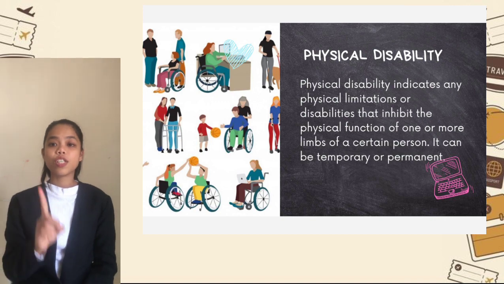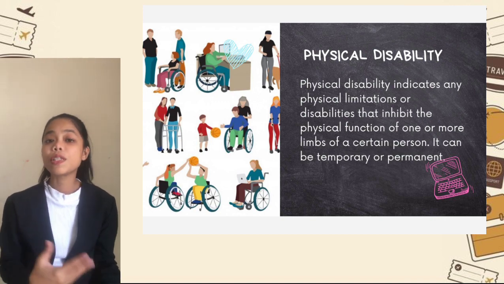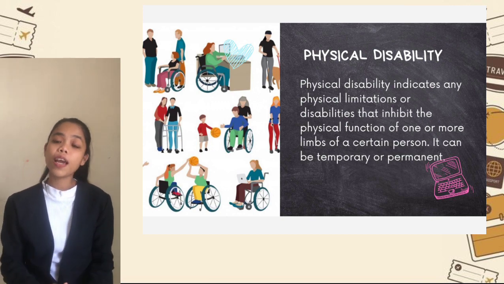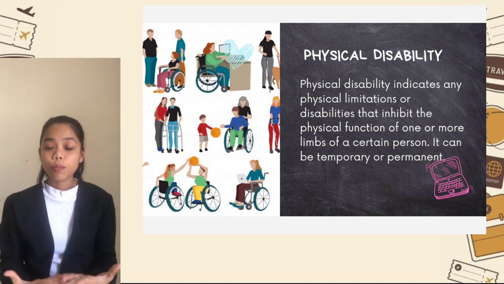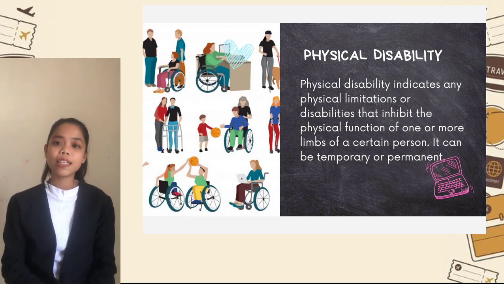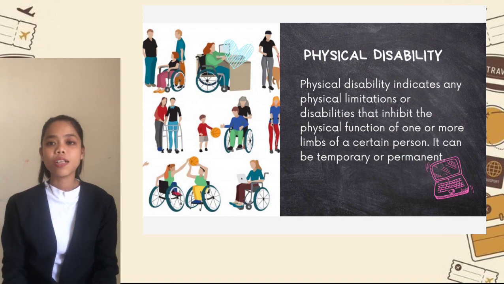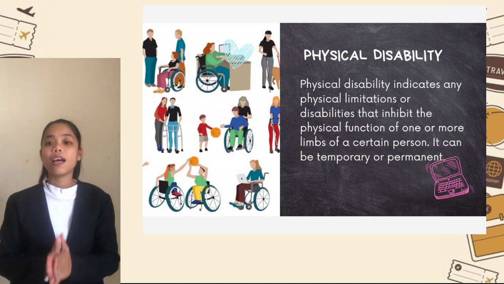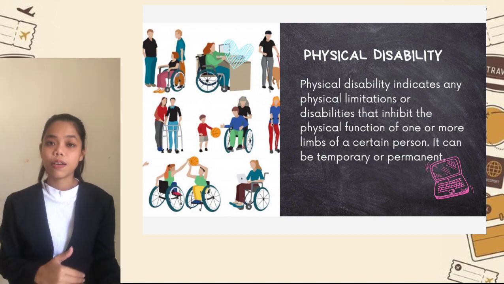So these conditions include cerebral palsy, arthritis, muscular dystrophy, multiple sclerosis, Parkinson's disease, and repetitive strain injury. I had mentioned these, and they will be discussed later on.